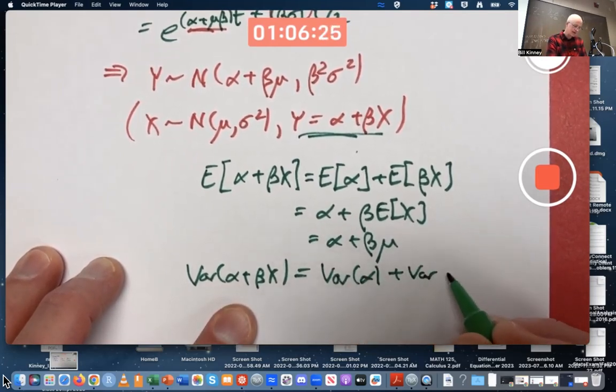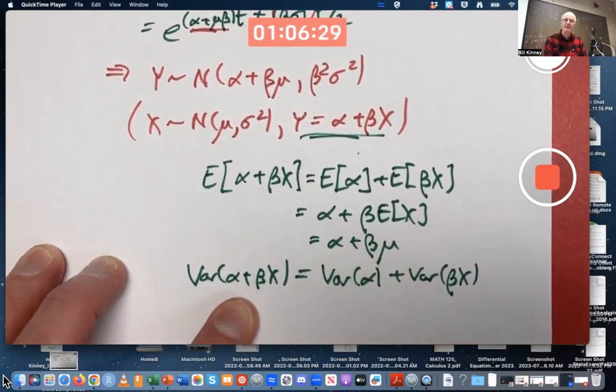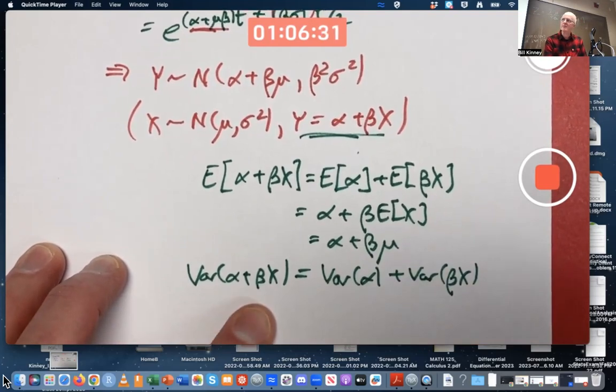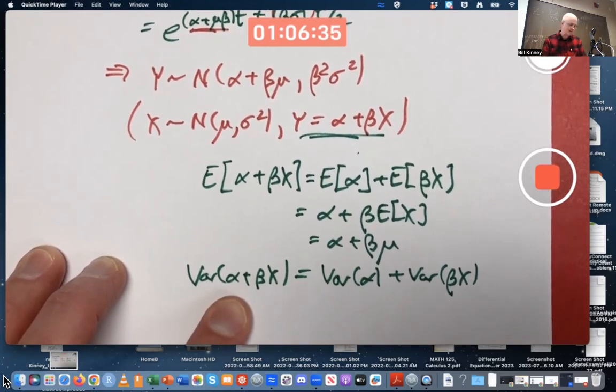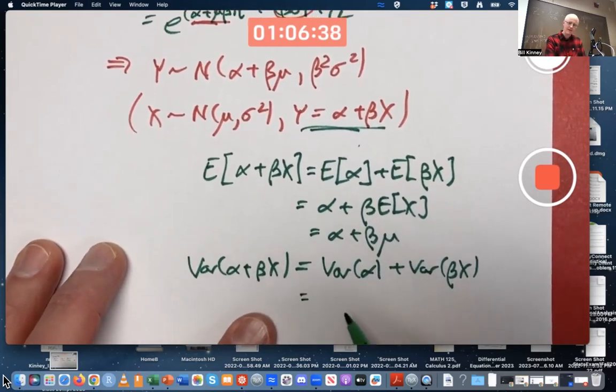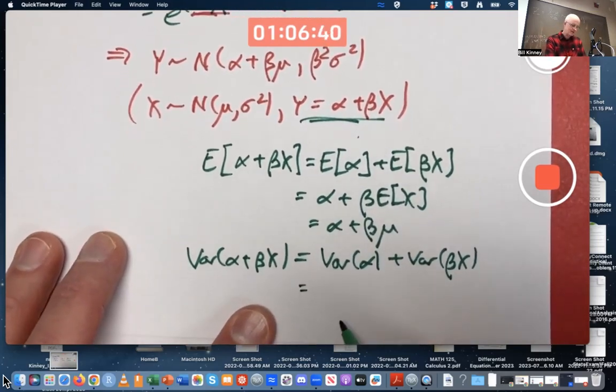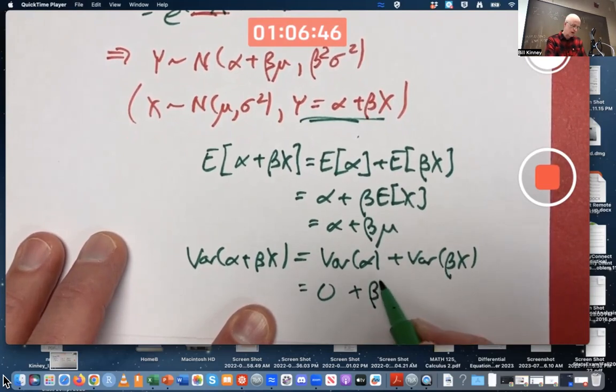So I can write that the variance of the sum is the sum of the variances. Thinking of alpha as a constant random variable, it's going to be independent with beta times x. They're unrelated because alpha always equals alpha. Alpha being constant, its variance is going to be 0. And a property of variances here is that you can factor the beta out as long as you square it.